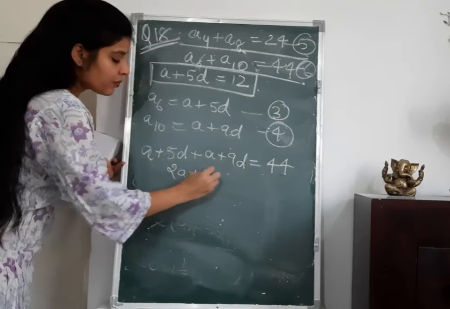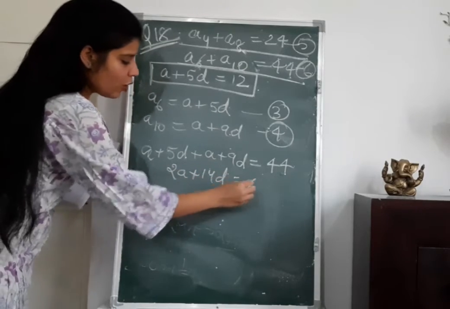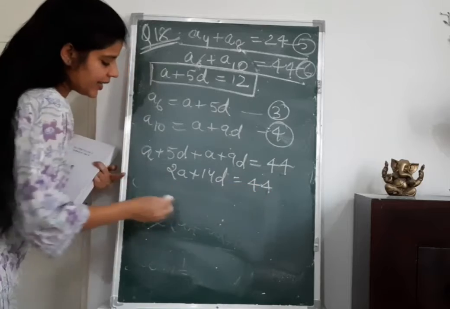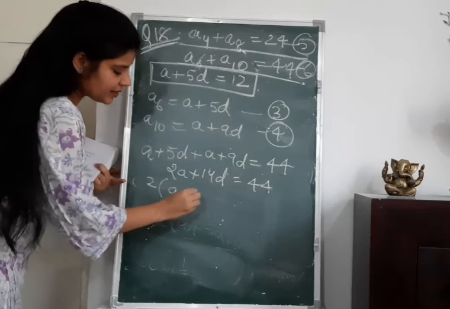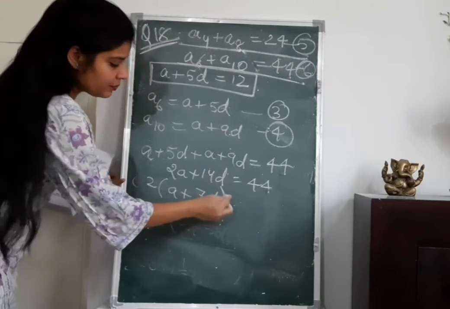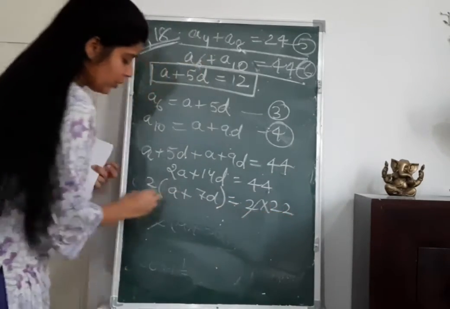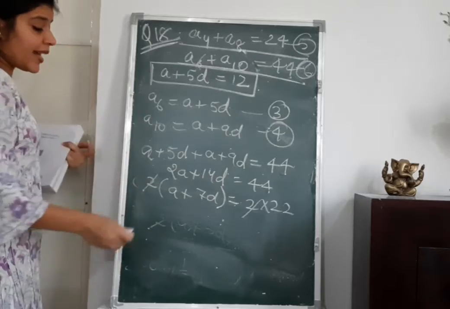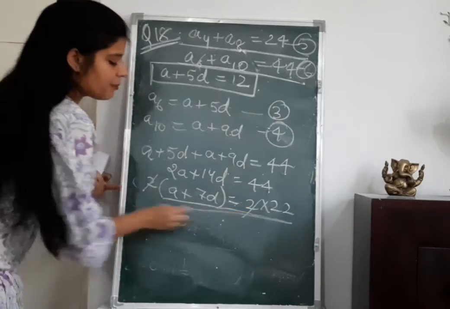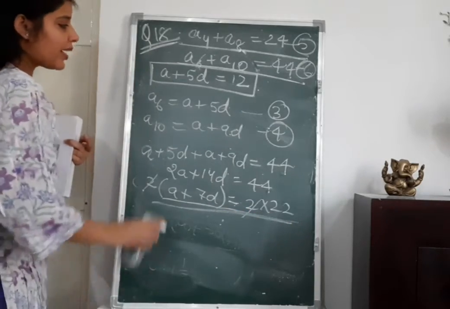So 2A plus 14D is equal to 44. Again I take 2 as common. 2 times (A plus 7D) is equal to 2 into 22. 2 and 2 will get cancelled. So I get one more equation, that is A plus 7D is equal to 22.